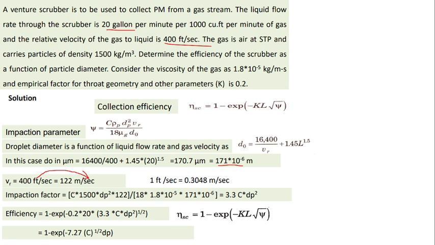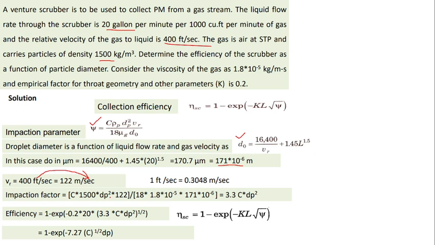So now, once D naught is found, we need to calculate the psi. Psi is equal to C. C is unknown, so we can keep it as C itself. Rho P is already given, 1500, and dP square. Now dP is the unknown. We have to calculate the efficiency as a function of dP only. That is the question asked.